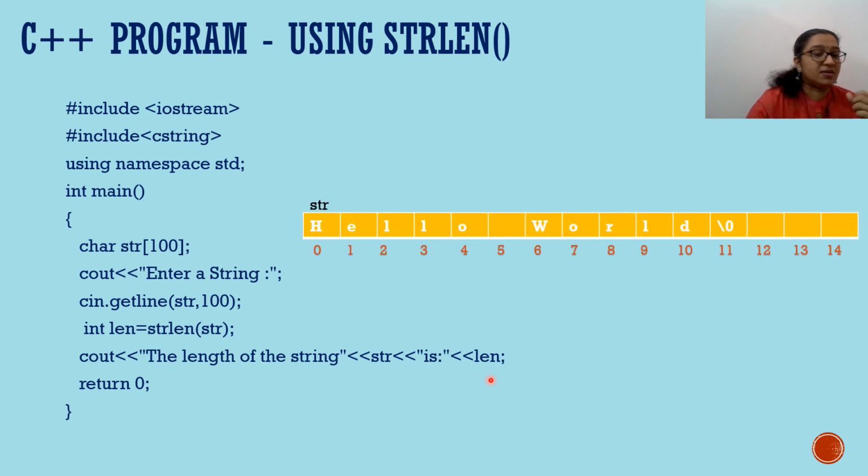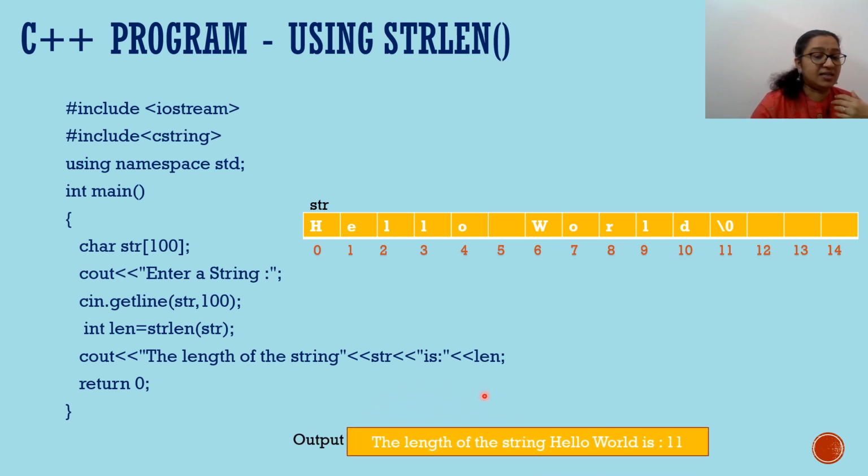Got it? So see the same style, Hello world. By using strlen itself, we'll get the length of the string Hello world is 11. So through the strlen function also we can find out the length of the string. Without using that also it is very simple to find out the length of the string.